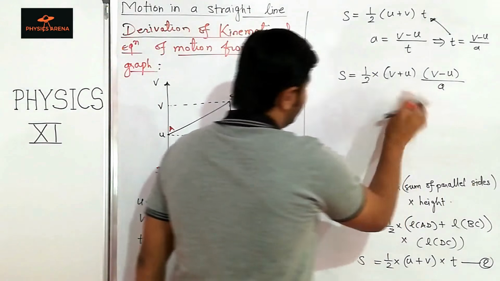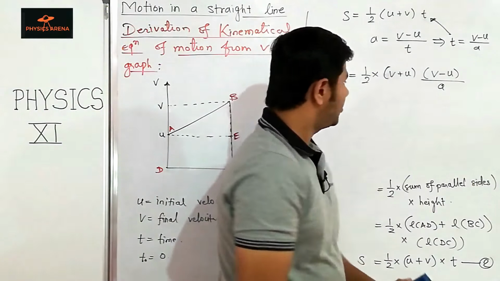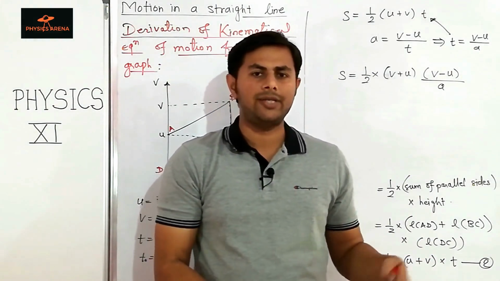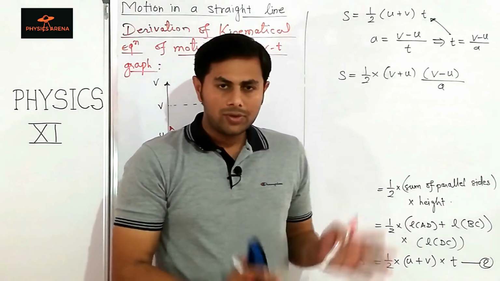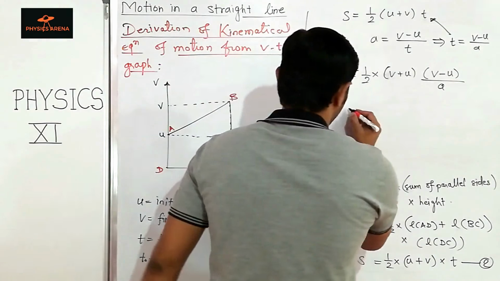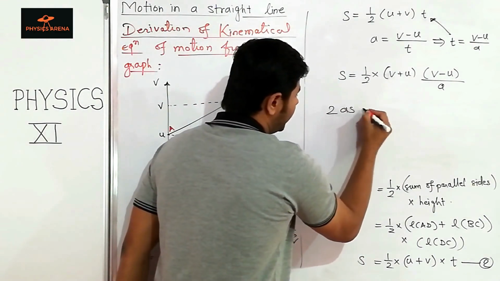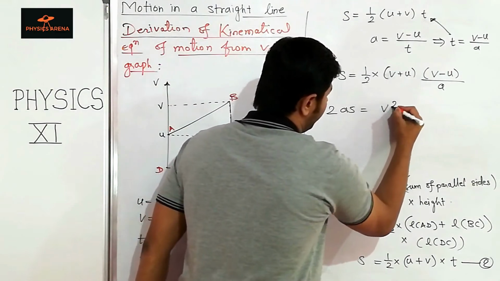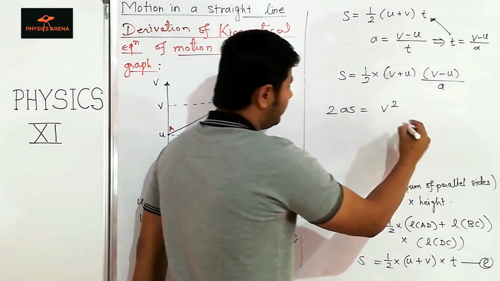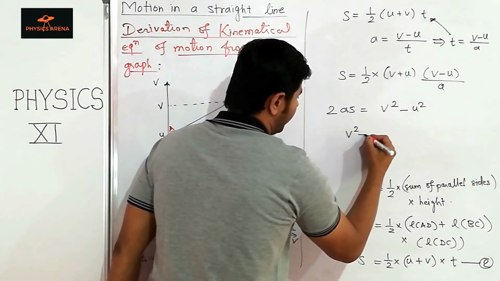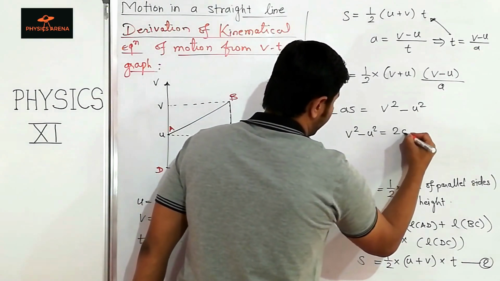Now I will take 2 and a on the other side, and we know this formula: (a plus b) multiplied by (a minus b) equals a square minus b square. Using that formula, I can write 2 times a multiplied by s is equal to v square minus u square. So v square minus u square equals 2as.